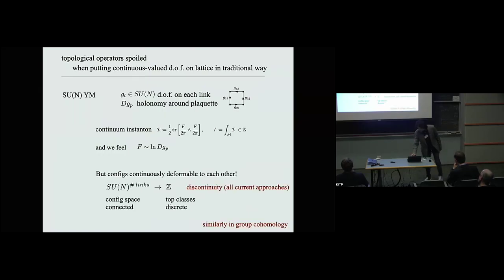Actually, for the same reason as before, no matter how we do it in detail, taking log or whatever, because the configuration space on the lattice is connected, because it's just SU(N) to the power of the number of links, right? This is a connected space. When you want to map to different topological classes, there must be some discontinuity somewhere.